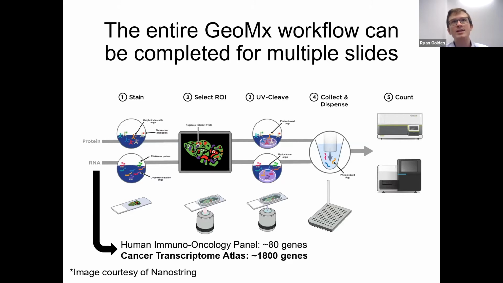And so conceptually, what you're doing is this instrument allows you to stain for a small number of markers on a slice of formalin-fixed paraffin-embedded tissue. So you stain for, say, up to 4 markers, something like a chemical dye for DNA, or an antibody for CD3, or an antibody for CD45, an antibody for pan-CK to mark your tumor.